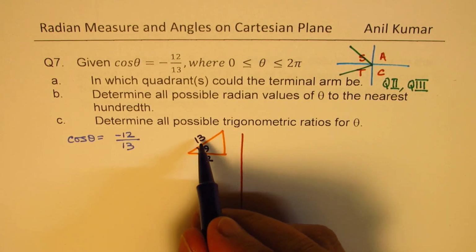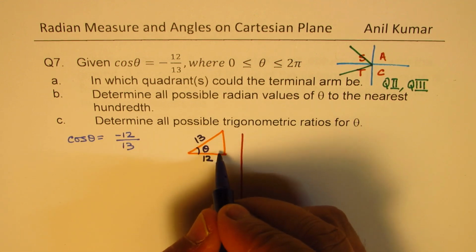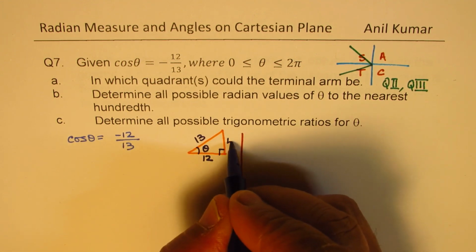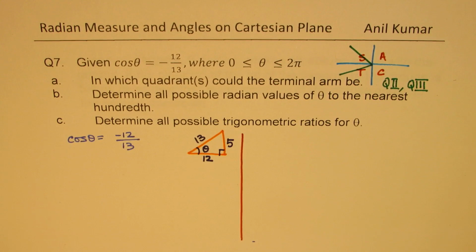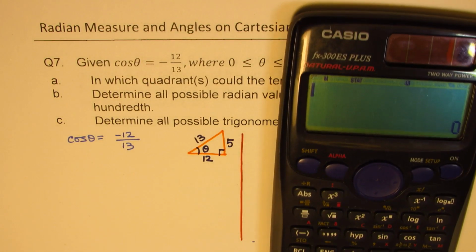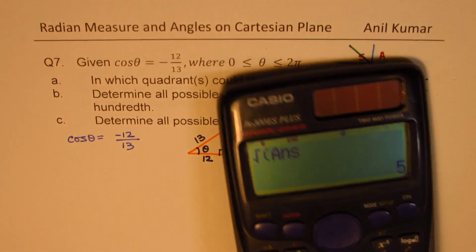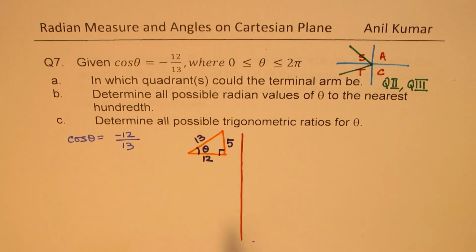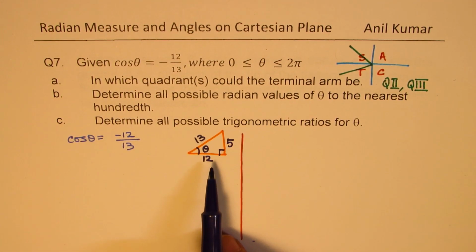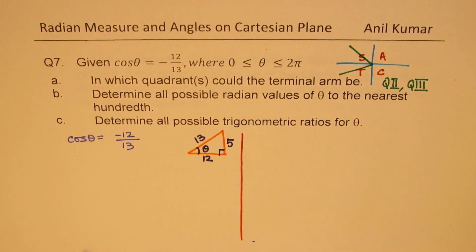So this side here will be the square root of 13 square minus 12 square. It's a standard triangle with side 5. You could also verify: 13 square minus 12 square is 25, and the square root of 25 is 5. So we get this side as 5, right? So these are Pythagorean triples, which you should always remember, right?